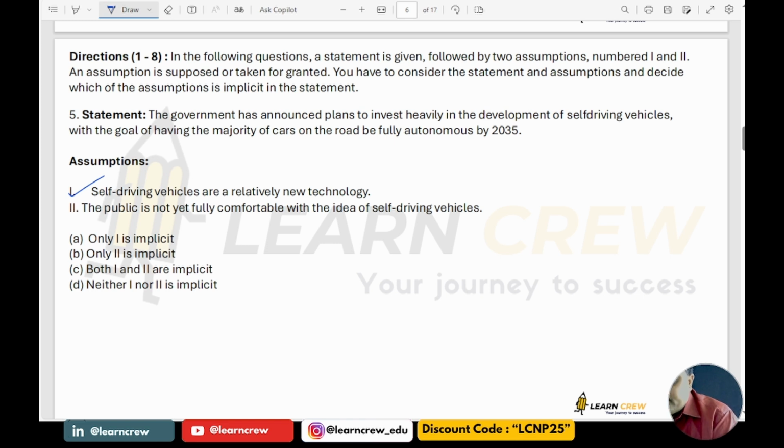So 1 is implicit. The government has announced these plans, keeping an assumption that self-driving vehicles are relatively a new technology.